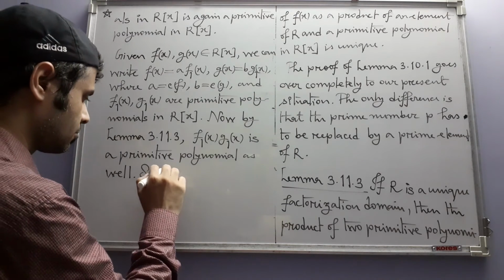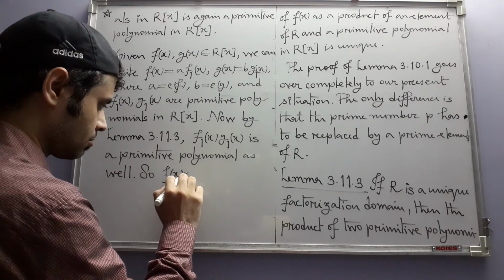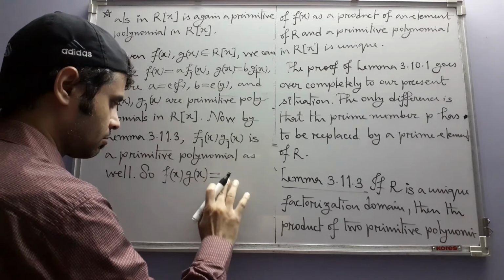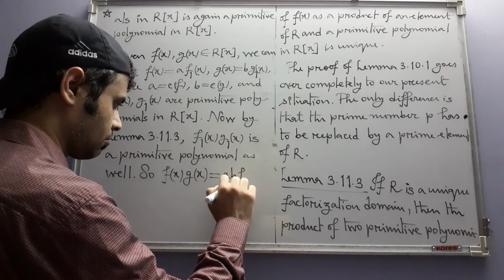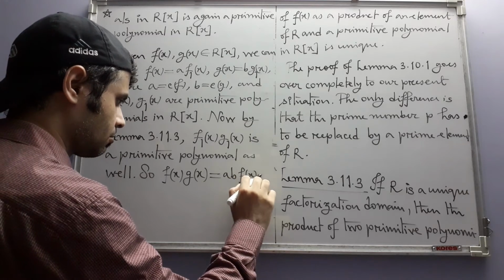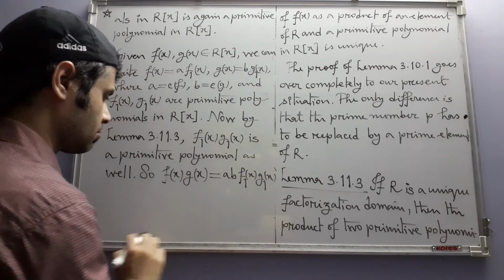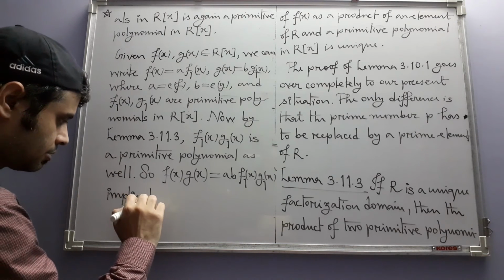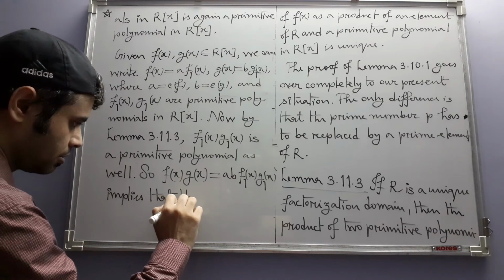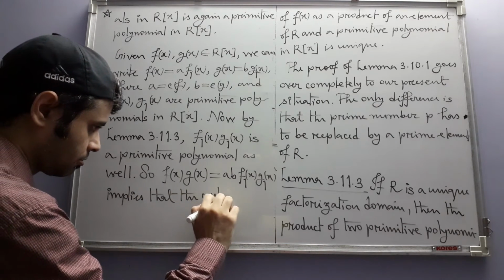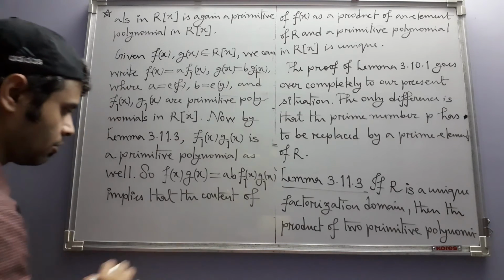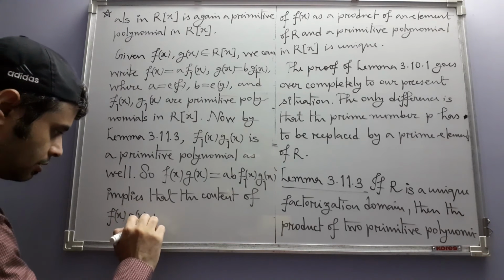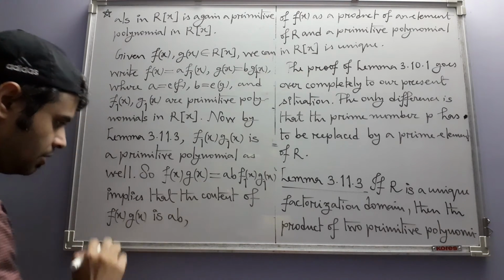So this implies that the content of f(x) times g(x) is ab.